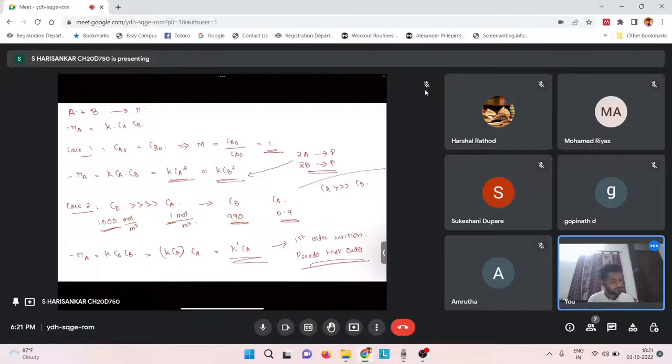In the case of concentration of A much greater than concentration of B, you can take CA as a constant and write K dash into CB. This will be the rate.